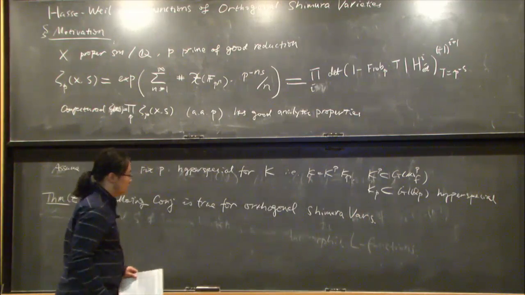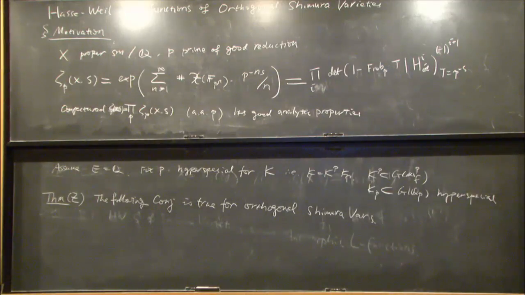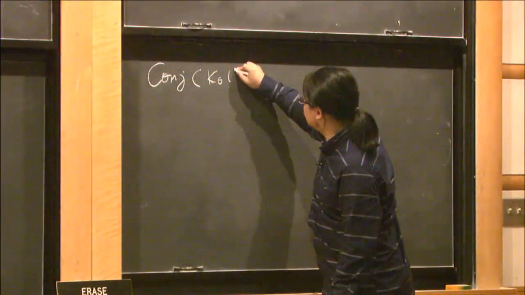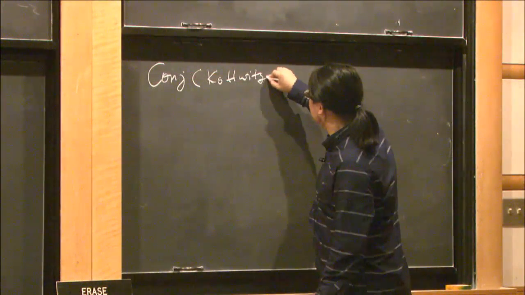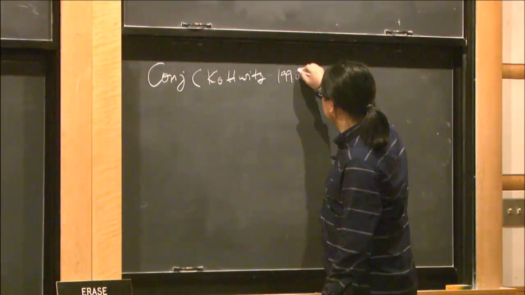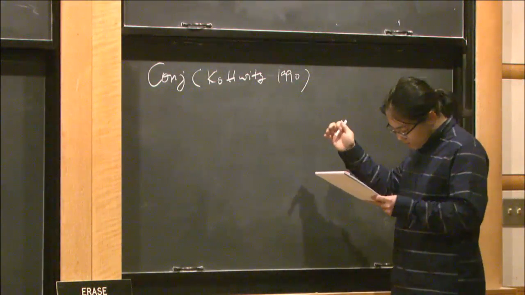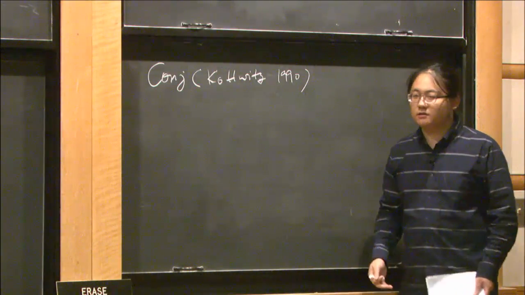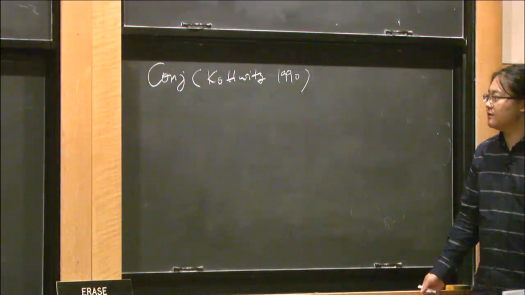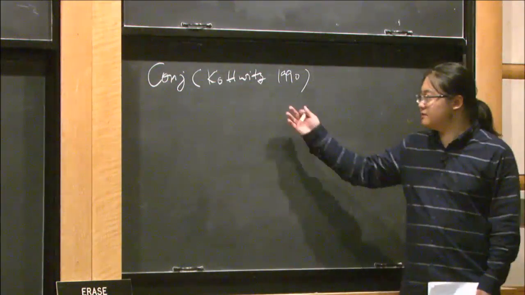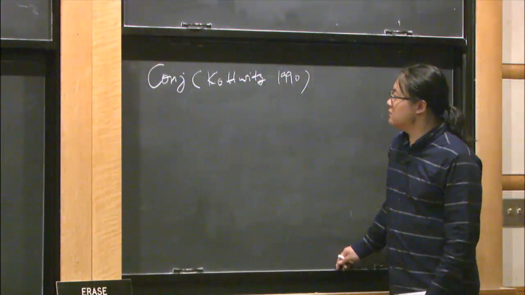Okay, so I need to write down the conjecture. I think this form of the conjecture is due to Kottwitz around 1990. But I'm sure that such a form should already appear earlier, maybe not in the written down form, but known to people for some time.